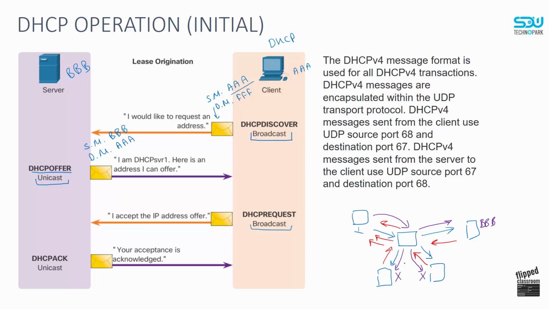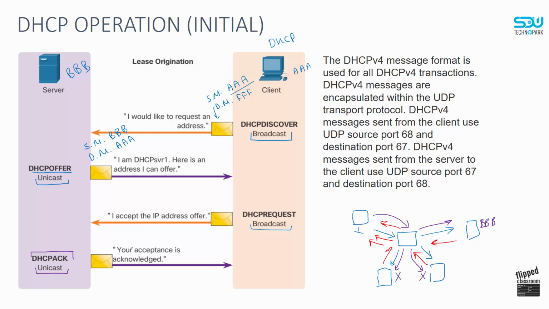The DHCP request is actually like, yes, I want to get this IP address, can you give it to me, please? And then the DHCP acknowledgement packet is generated by the server: alright, so you are the owner of this IP address, you are leasing this IP address for a limited time.